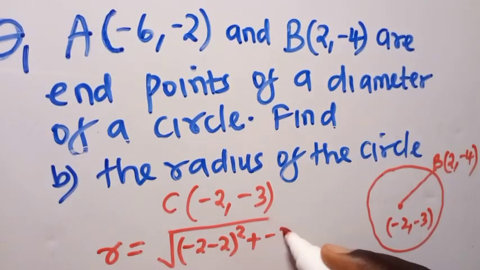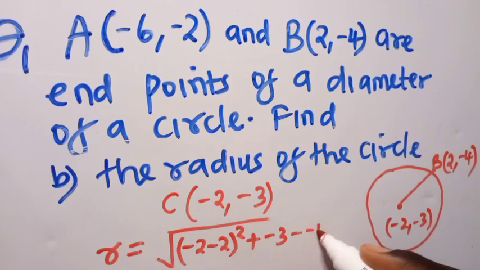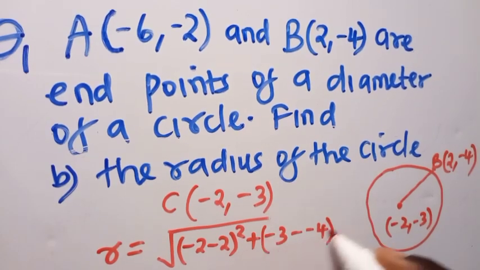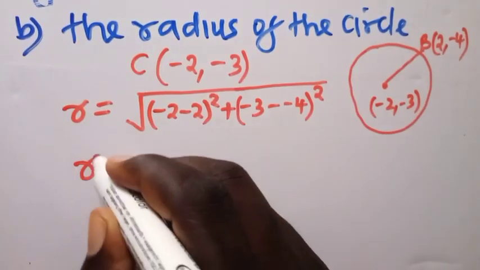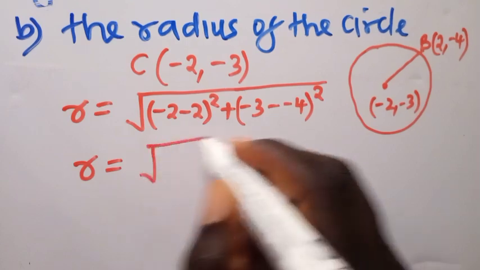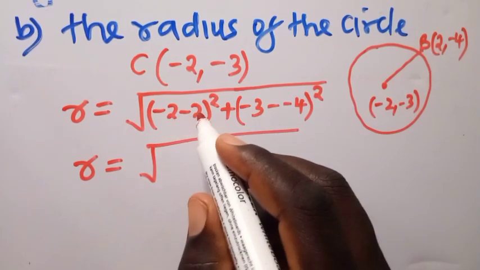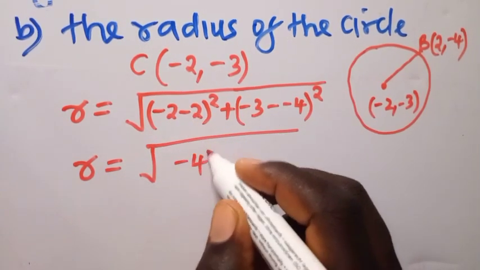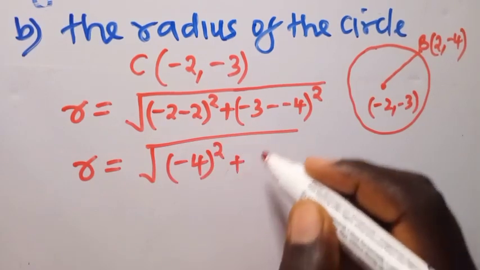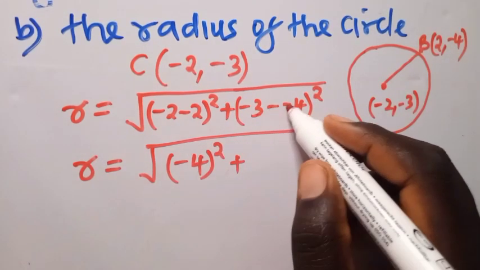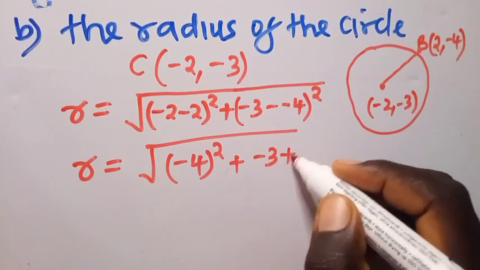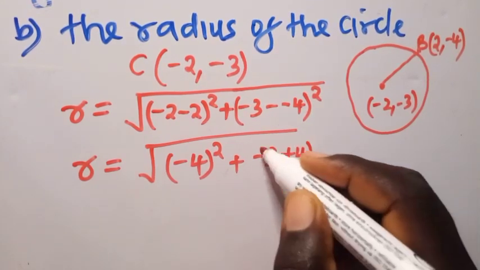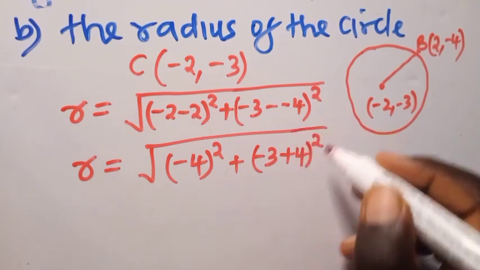Now, in this case, we shall have the radius equals the square root of negative 2 minus 2, which is negative 4. Then we square it, then plus negative 3 minus negative 4, which is negative 3 plus 4. Then we close the bracket and square it.